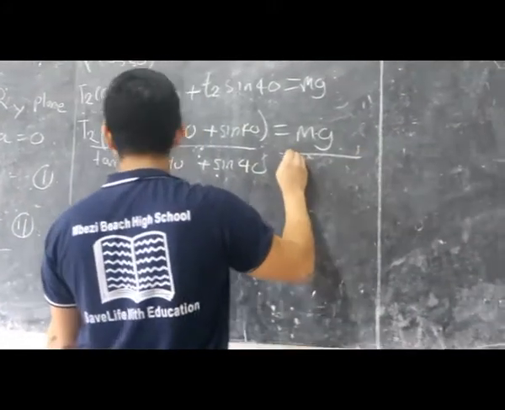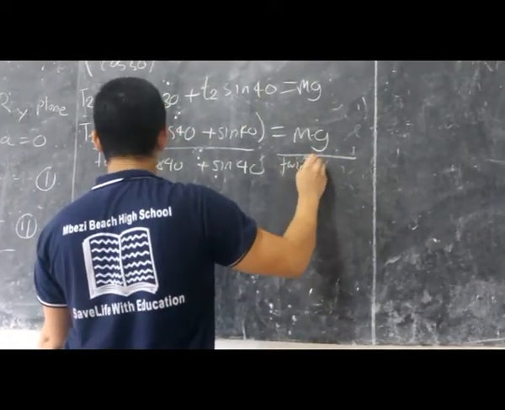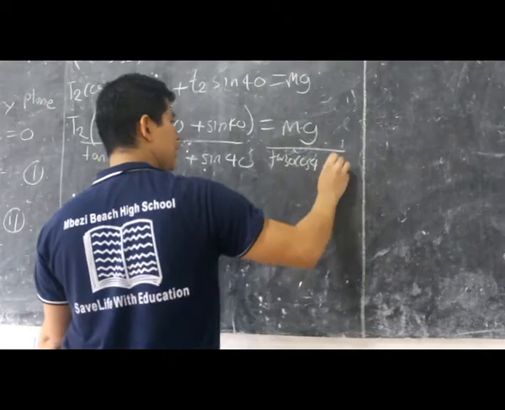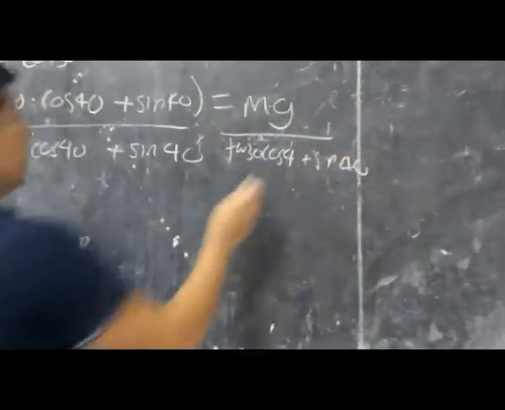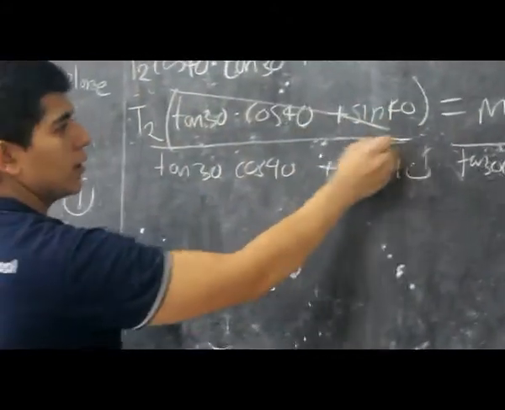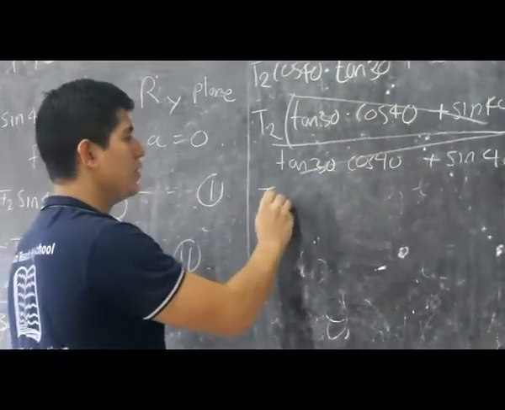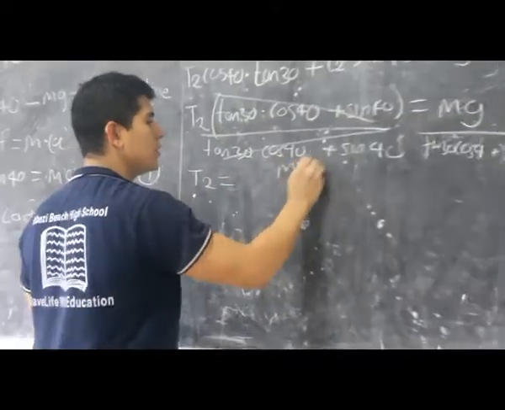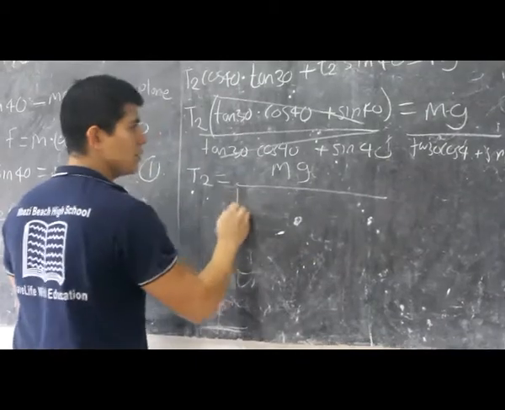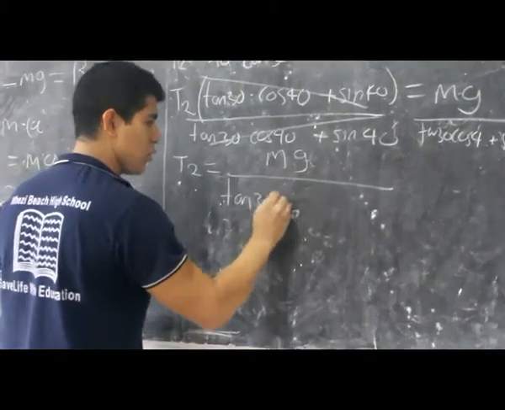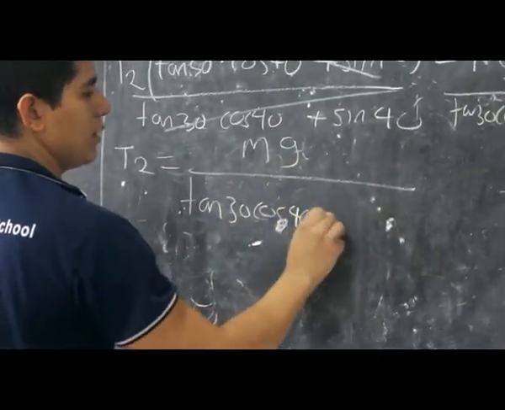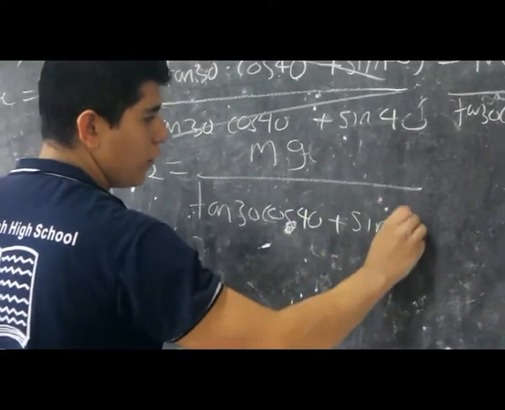I divide by tan of 30 cos of 40 plus sine of 40. Now as you can see here, these cancel out. I remain with T2 equal to mg over tan of 30 cos of 40 plus sine of 40.